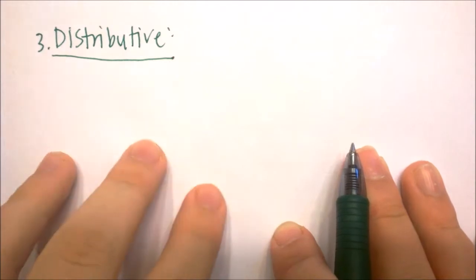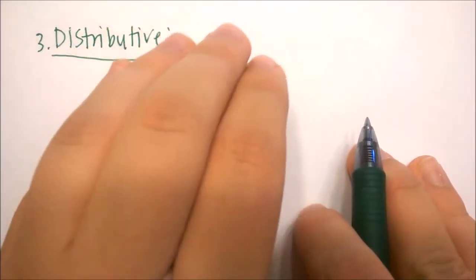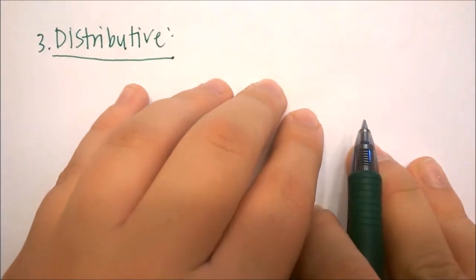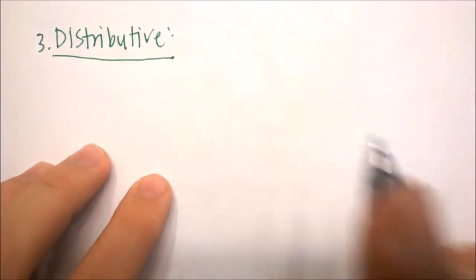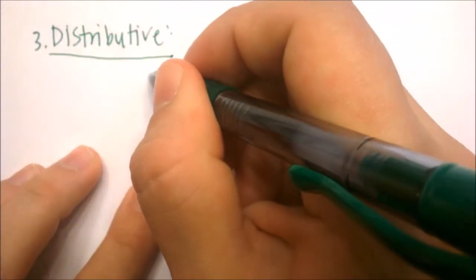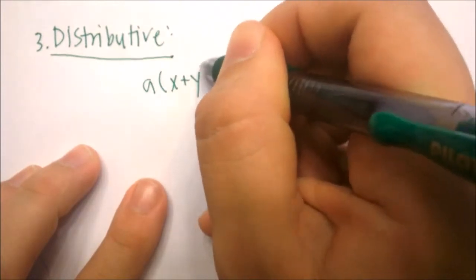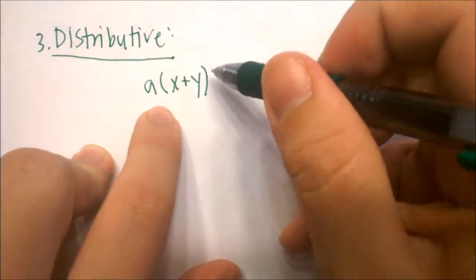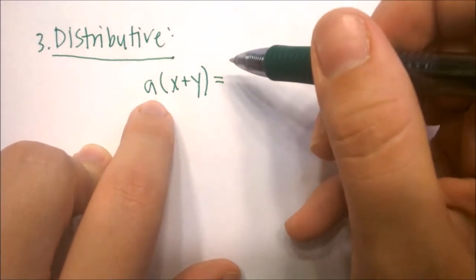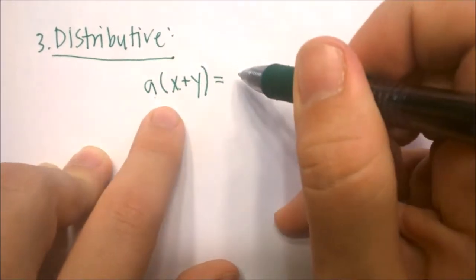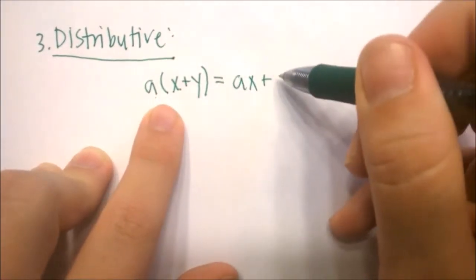Well, when we multiply a number by a sum of two numbers, we get the same result as multiplying the number by each of the terms, then adding the result. So the best way is just to see an example. So if we look at it in general, we have a times x plus y. So if we use the distributive property under real numbers, we know that this is equal to a times x plus a times y.